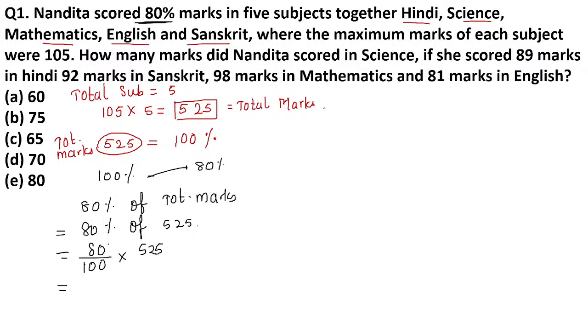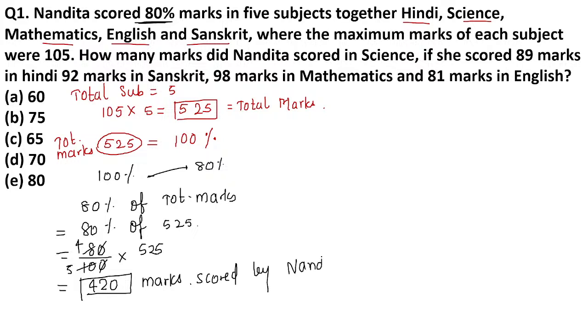What will I get? The zeros got cancelled. 2 4s are, 2 5s are. Is something going wrong? No, it's correct. So this will give me 420 marks. What are these, students? These are the marks scored by Nandita.